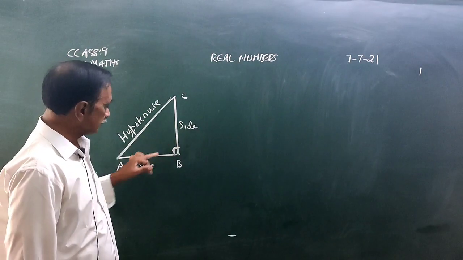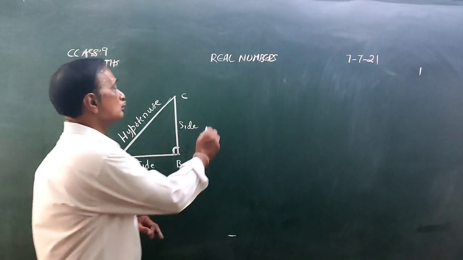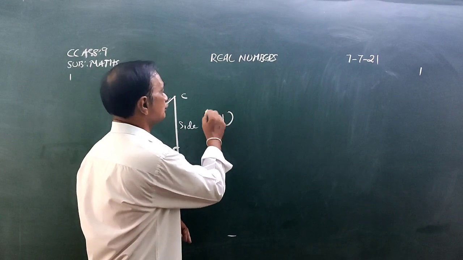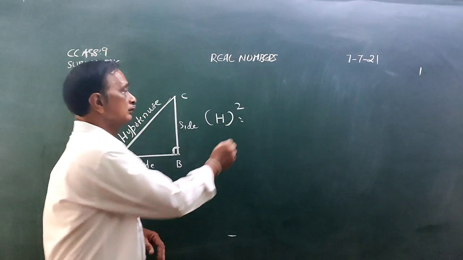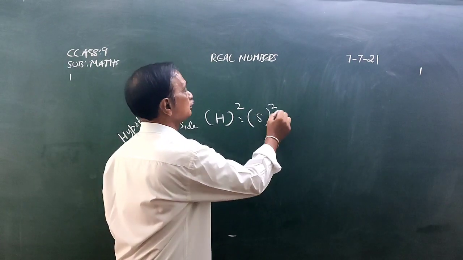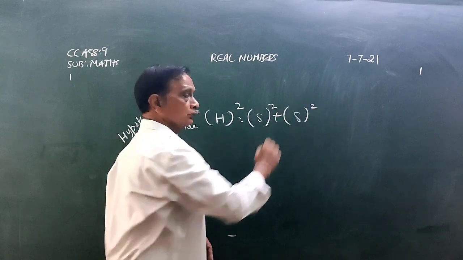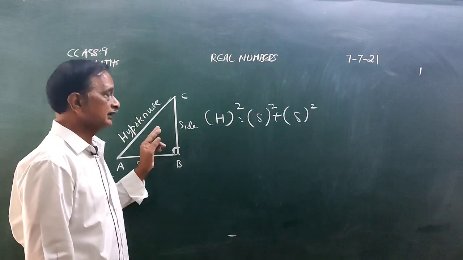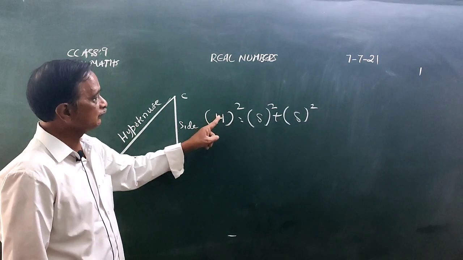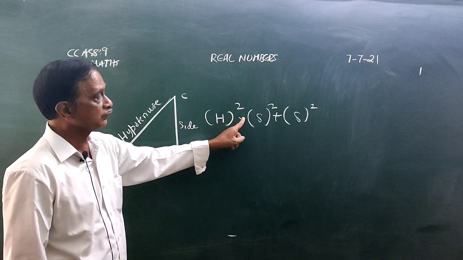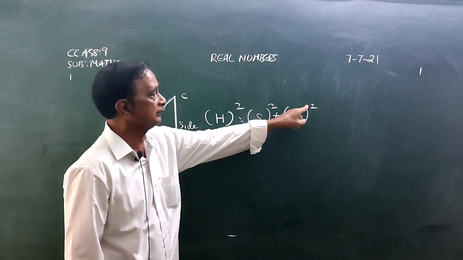The relation with respect to these three sides is: square of the hypotenuse is equal to sum of the squares of the other two sides. In a right angle triangle, the square of the hypotenuse is equal to sum of the squares of the other two sides.